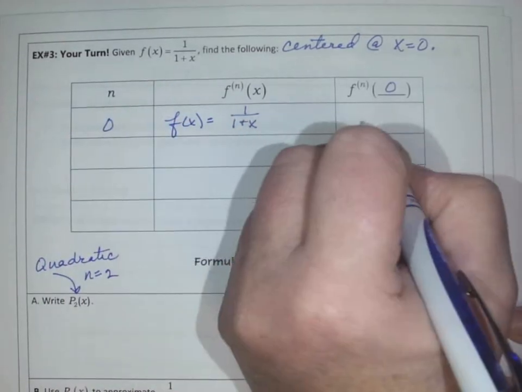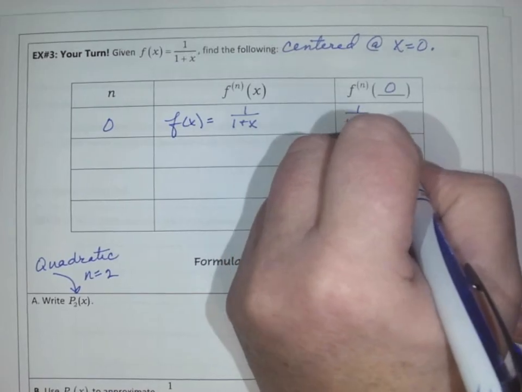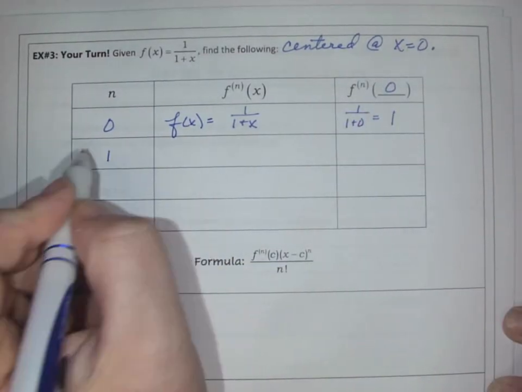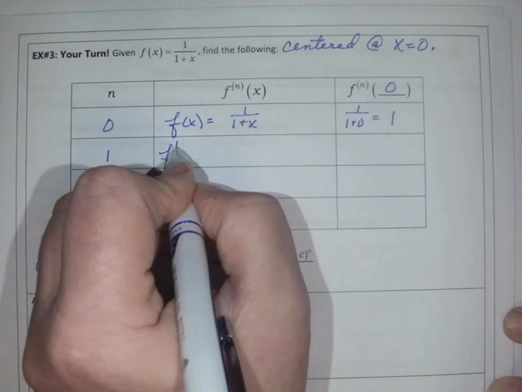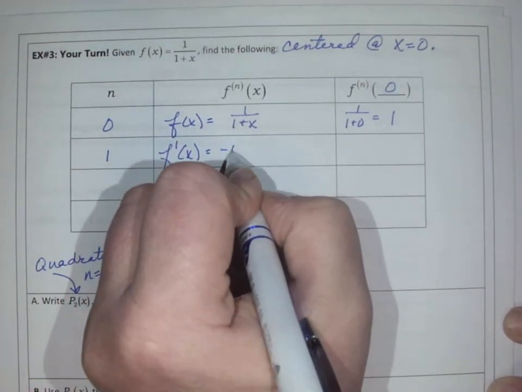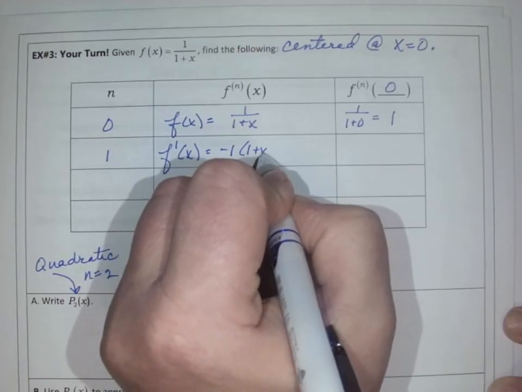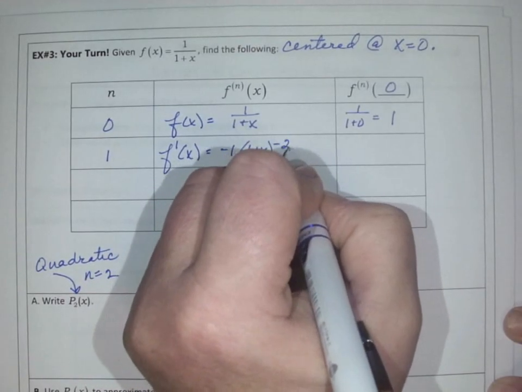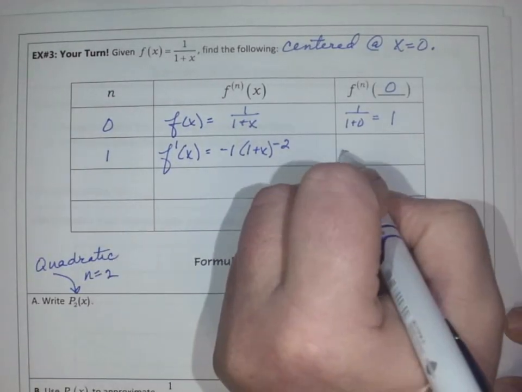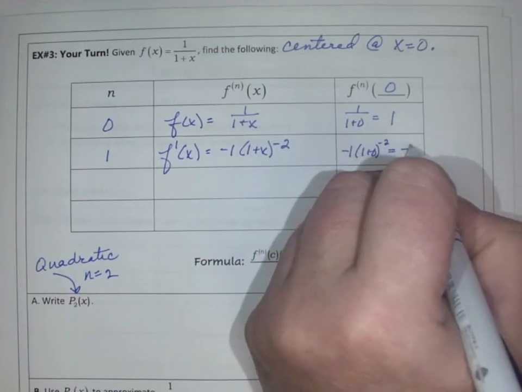If I plug in 0, I would get 1 over 1 plus 0, which is 1. For 1, I would get f prime of x, which would be negative 1 times 1 plus x to the negative 2, which would be negative 1 times 1 plus 0 to the negative 2, which would be negative 1.